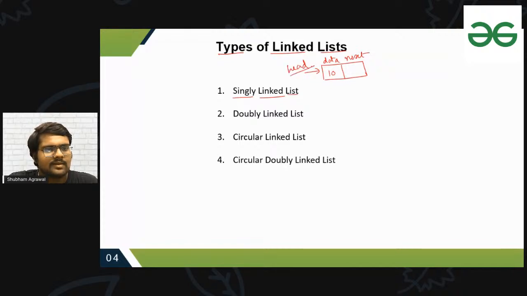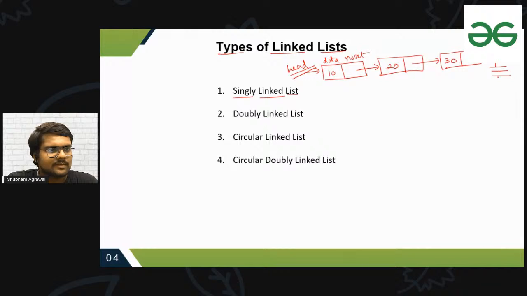Then we have the next node, then the next node, 30, and then we have null. Null can be denoted by a symbol like this. It means the end of the list.